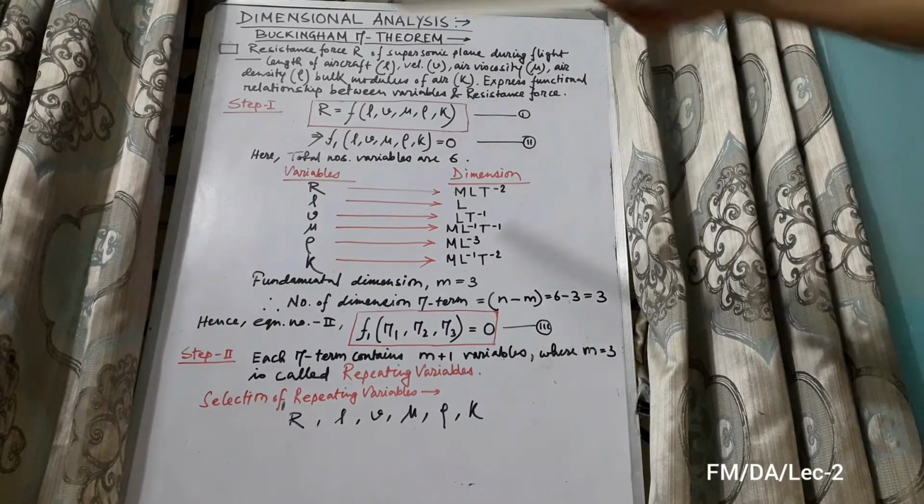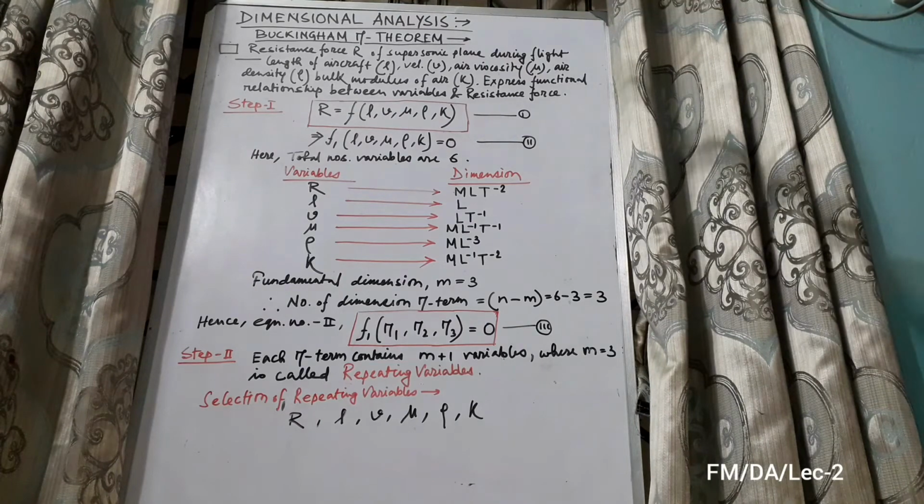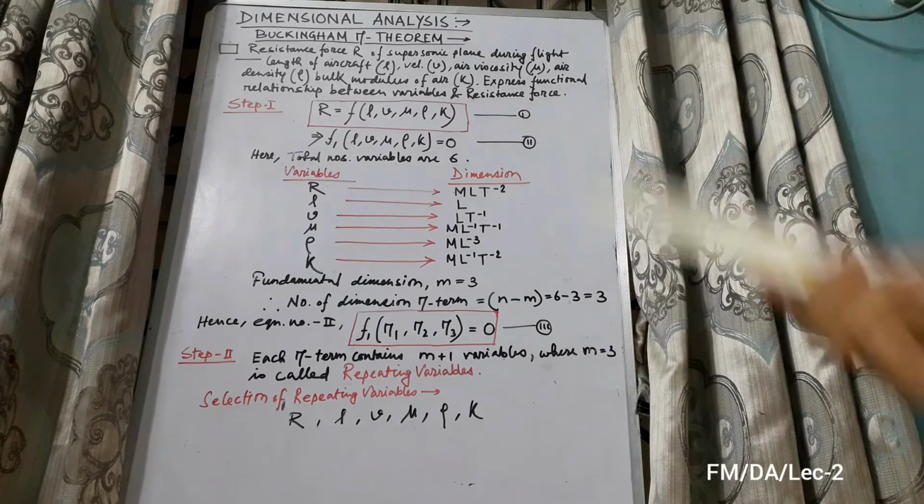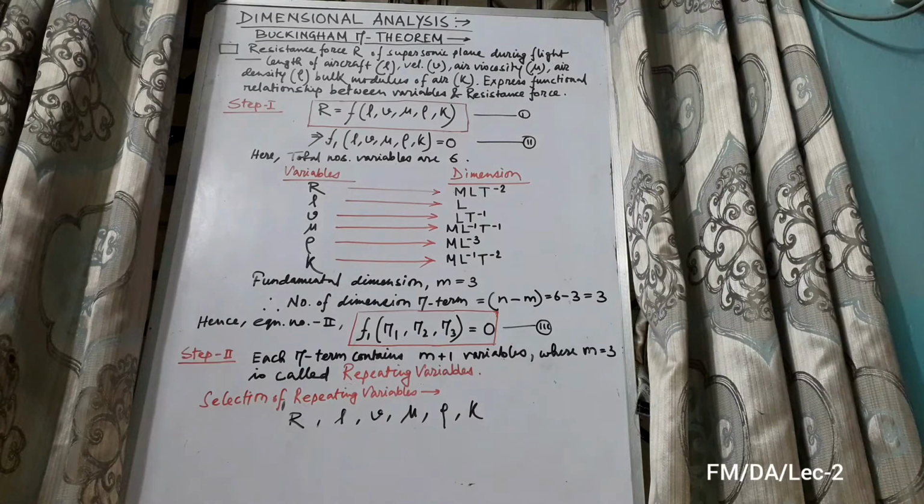So in this problem, R is dependent and all the other variables are independent.